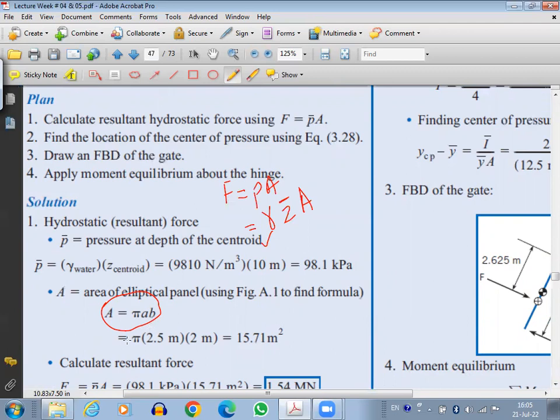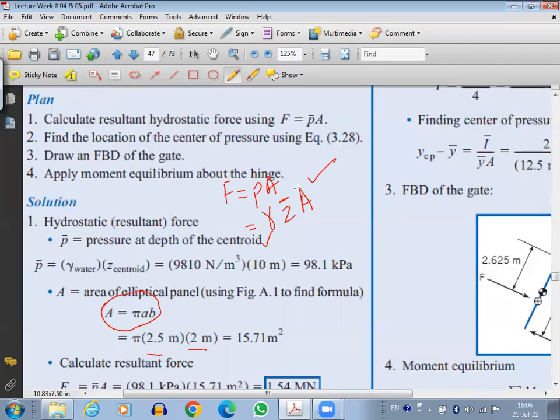The diameter was 4 and 5, so the radius will be 2.5 and 2. Is it clear? So if you substitute the values, you're going to get the area. So the formula will be provided to you, so that's not a big issue.